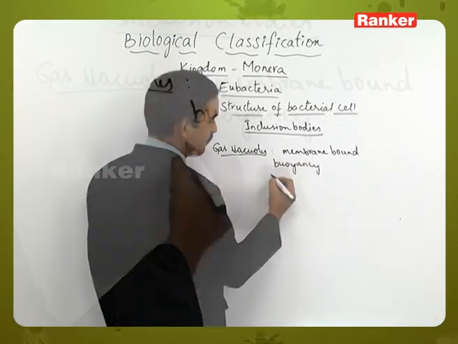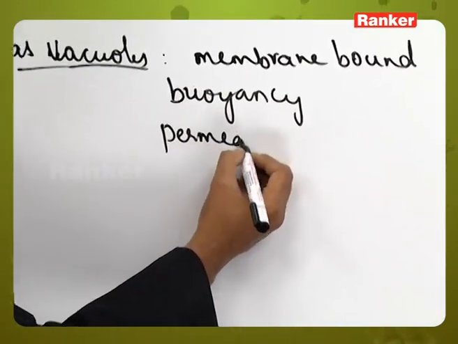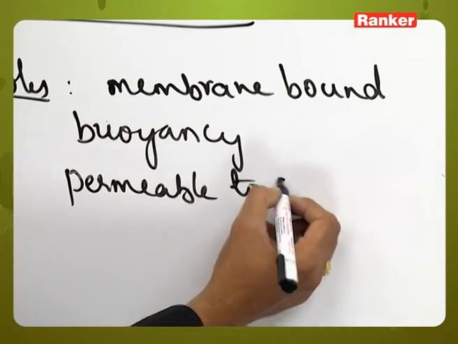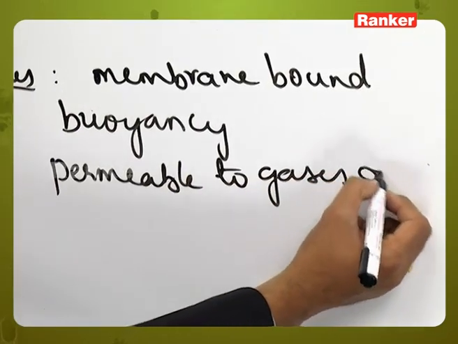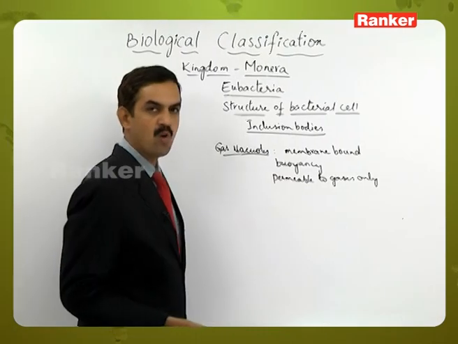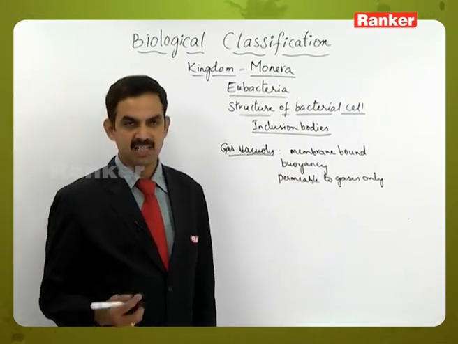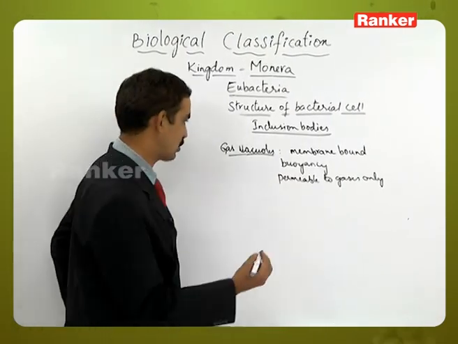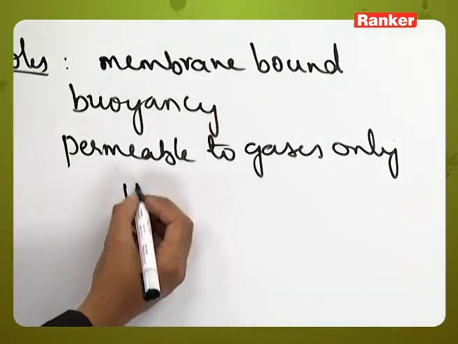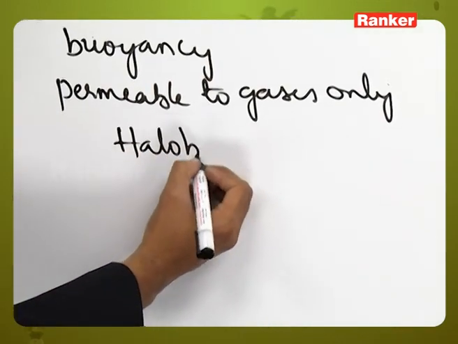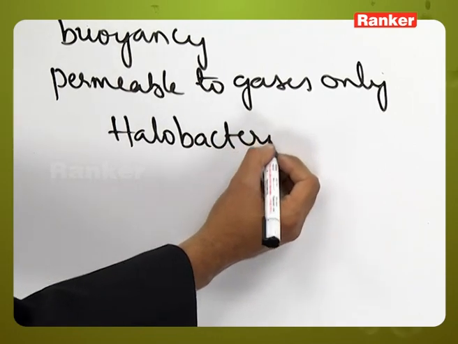These gas vacuoles are permeable to gases only, but impermeable to water, and they are also somewhat concerned with osmoregulatory function. This type of gas vacuoles can be seen in aquatic bacteria like halobacteria.